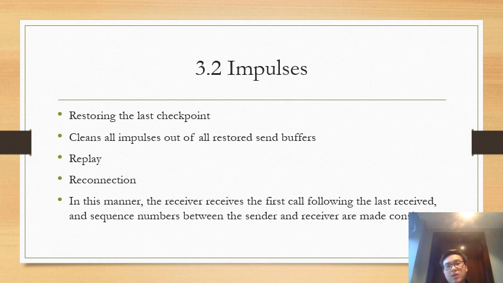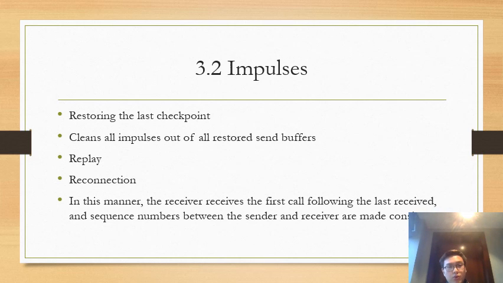So now let me describe the recovery steps for the impulses. The first step is to restore the last checkpoint. Then the recovery machine will clean all the impulses out of the restored send buffers.